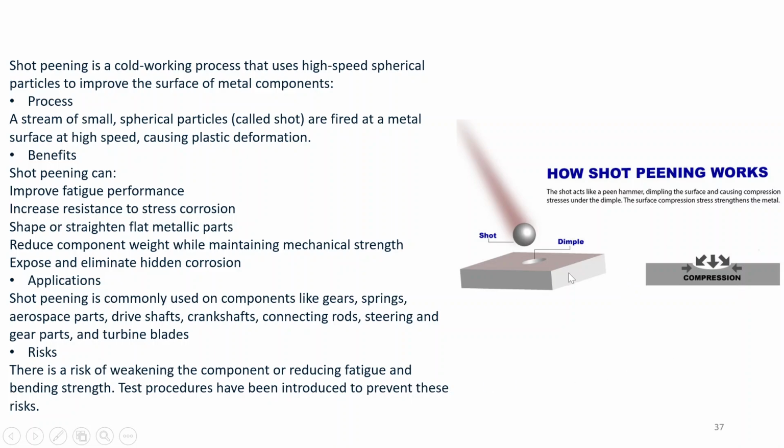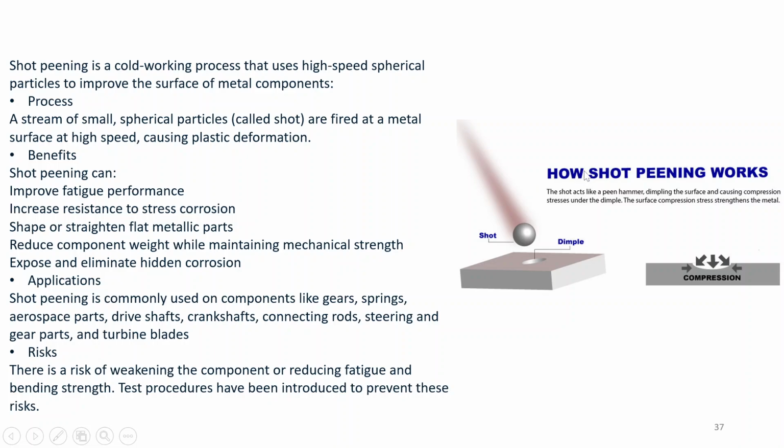So here you can see the shot is at a particular speed, hitting the component, and it will be leaving some dimples on the metal. After a lot of shots moving at high speed, there will be formation of a very smooth surface, and a compression layer will also form, which will improve its fatigue properties.